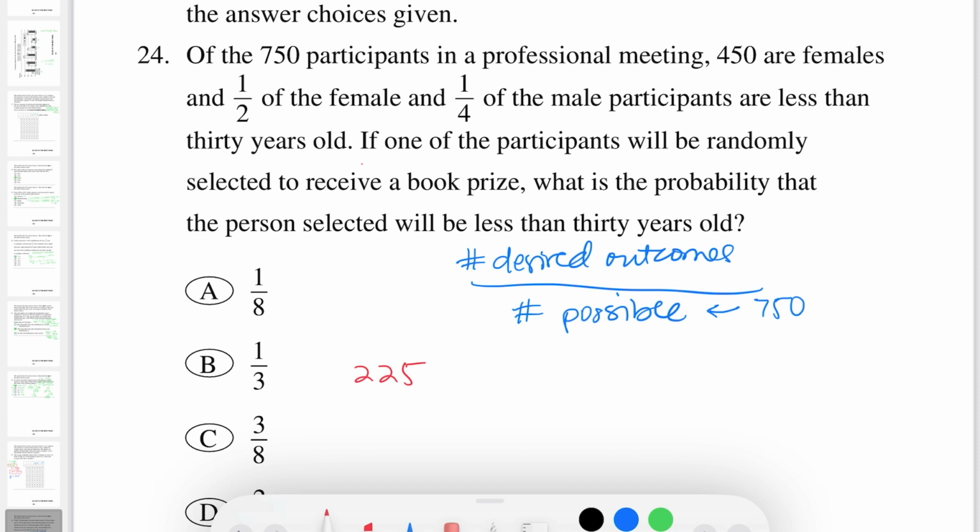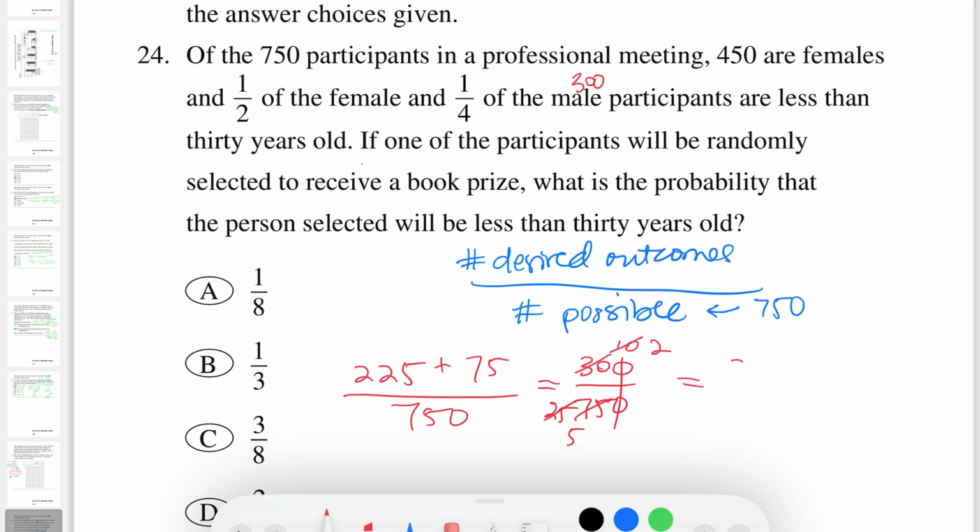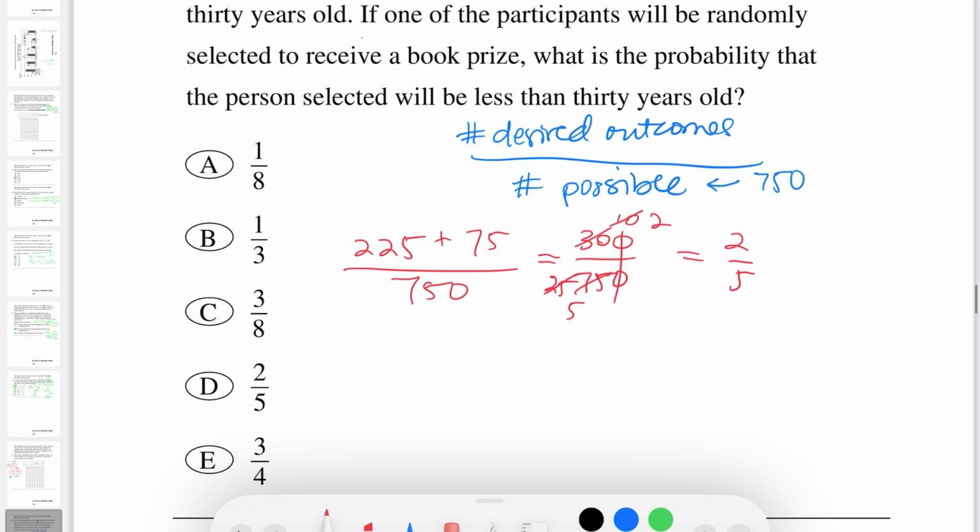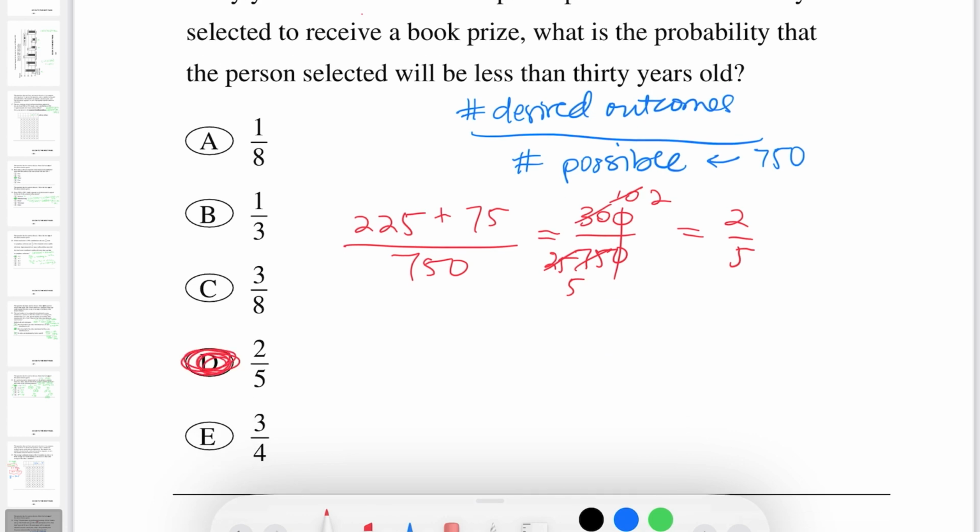If there are 450 female participants, then there are 300 male participants. So let's do 300 divided by 4, 75. So this is what our probability formula looks like. 225 plus 75 is 300. 300 over 750. So our fraction reduces to 2/5, and that is D.